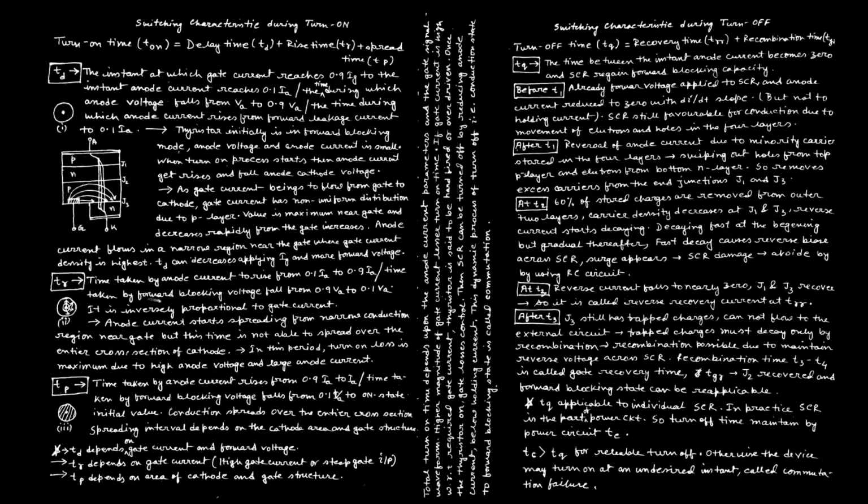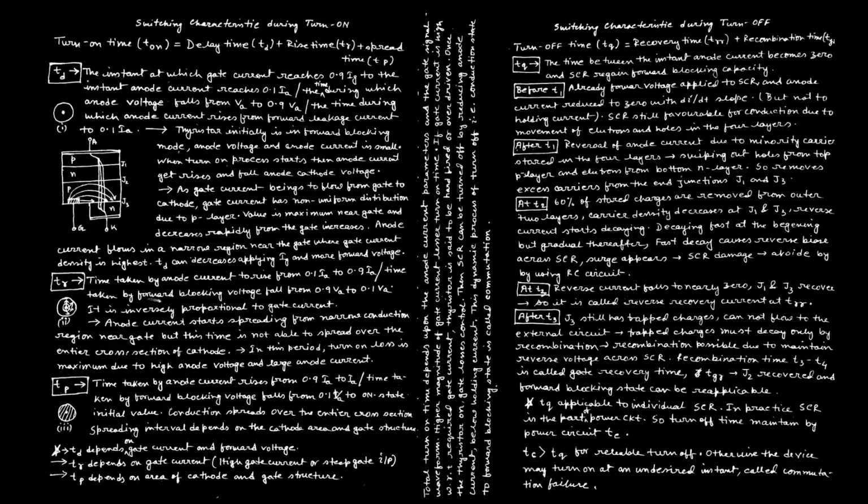Okay? The anode current rises in the narrow region near the gate, where the gate current density is highest. So, TD can be decreased by applying the proper gate current Ig and more forward voltage.